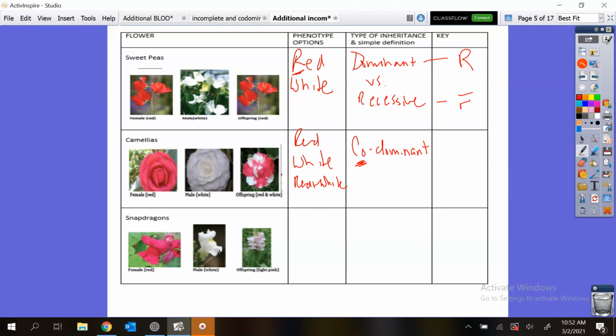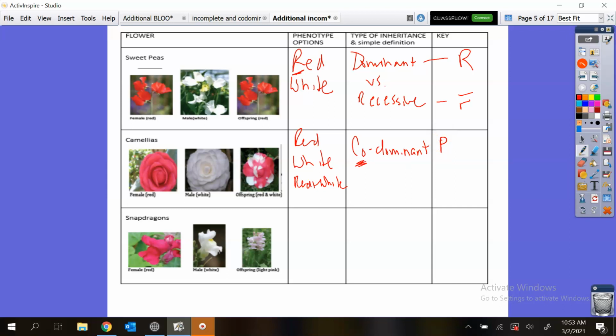So for this one, since we have flowers here, we could just do the color of the flower. So how do I want to do that? We'll do the petal, so the petal color, or I could just do maybe a P here.